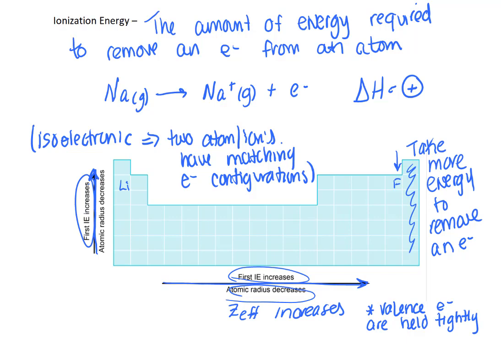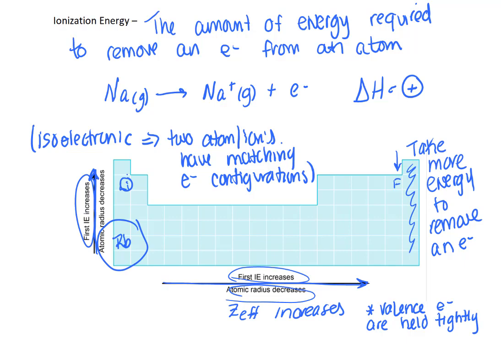So if we look at our column of, my brain stopped working, group 1, alkali metals. So if we look at our alkali metals and we compare something like lithium with rubidium, and we start to consider their size, rubidium is much bigger and lithium is much smaller.